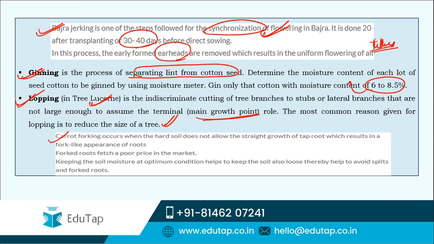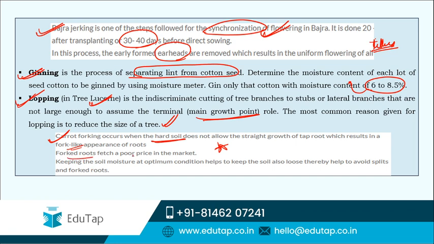Next, forking is seen in carrot. It's actually a defect because of hard soil. Sometimes a taproot will not be able to grow into the soil properly while storing food in the root. If the soil is hard, the root will not be able to go down, so it will bifurcate, giving a fork-like appearance.